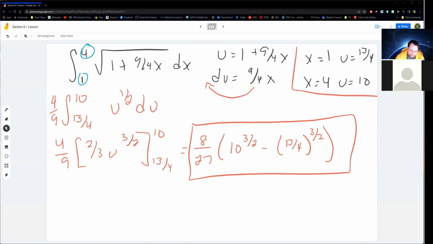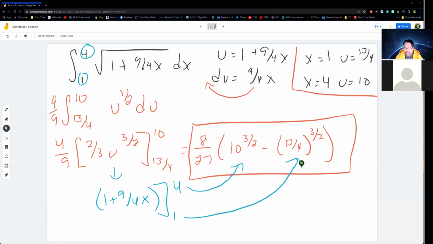So the only difference by doing the u's is if I change that back to the 1 plus 9/4 x, I'd have plugged in 1 and 4, and it would have given me the exact same answers there.